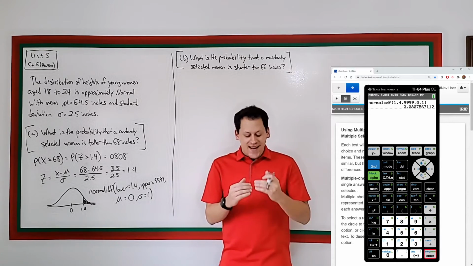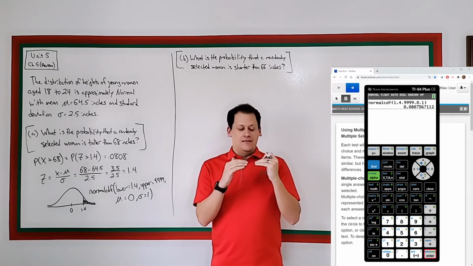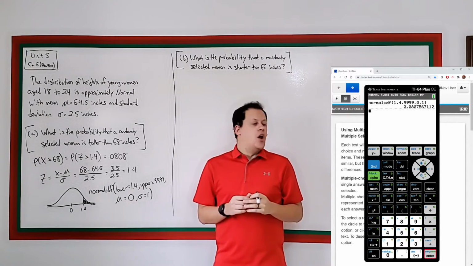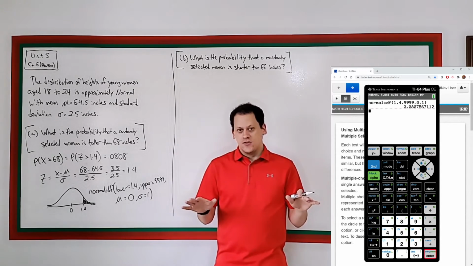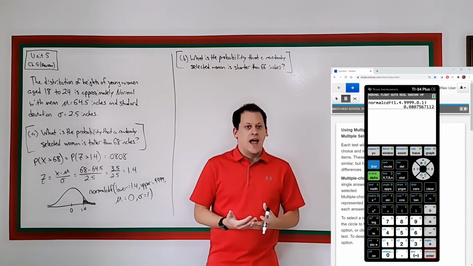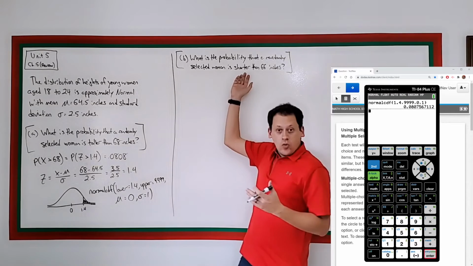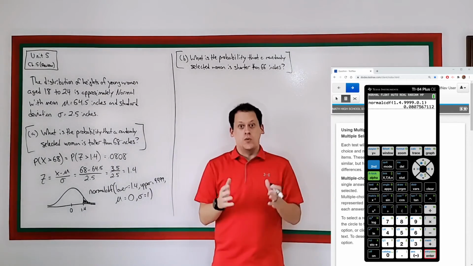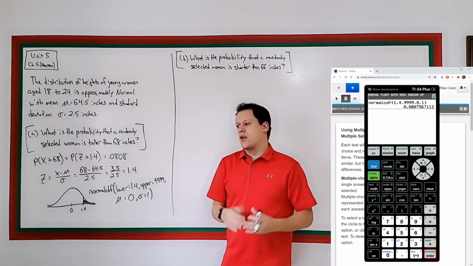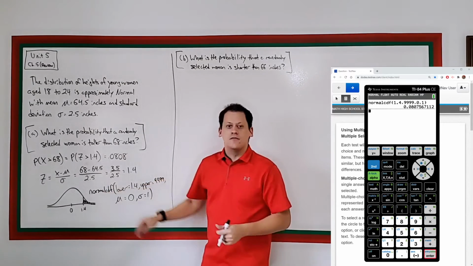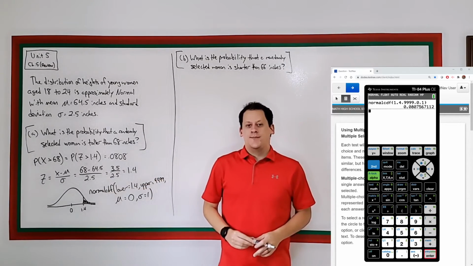Assuming you had an infinitely precise measuring tool, no one would be exactly 66 inches tall. So we're only ever going to be asking questions like taller than, greater than, shorter than, less than, or between 2 values. So that's just another reason we always use normal CDF. So go ahead and tackle part B.